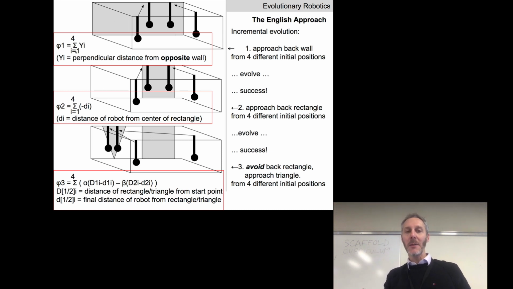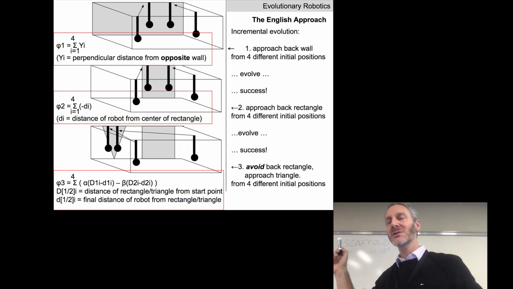You'll notice that they're summing 4 times. In the cartoon here, I'm showing 2 initial positions. They actually evaluated every neural network 4 times. I'm sorry, I misspoke. Every neural network is evaluated 4 times. They automatically move the turret to a random position under the table and let it go.